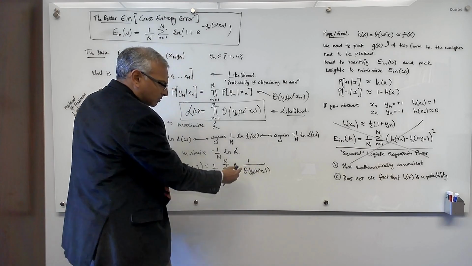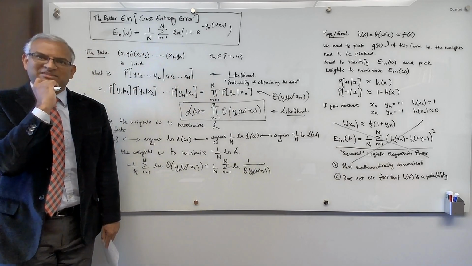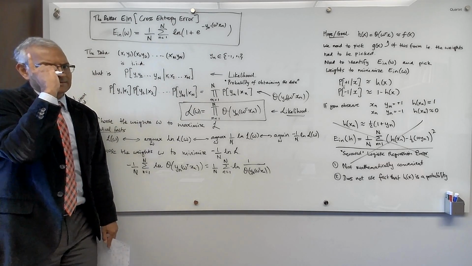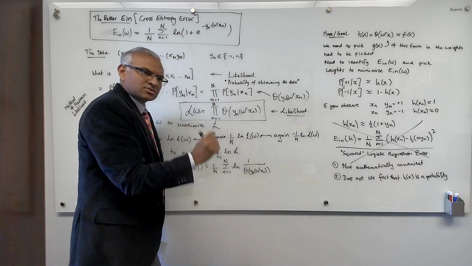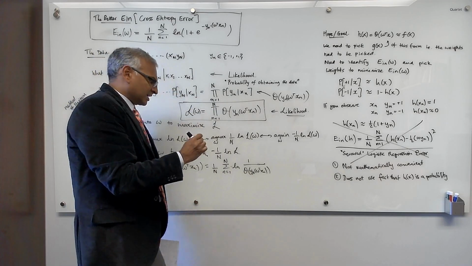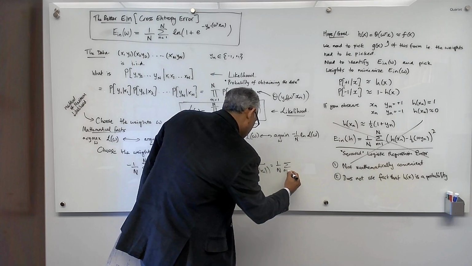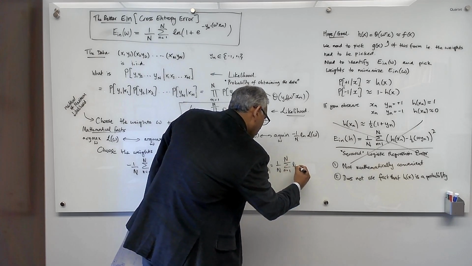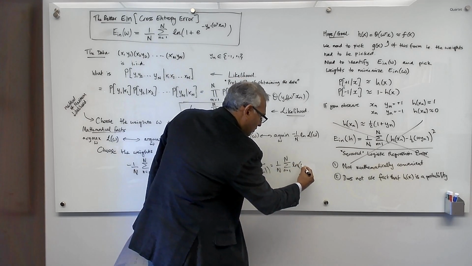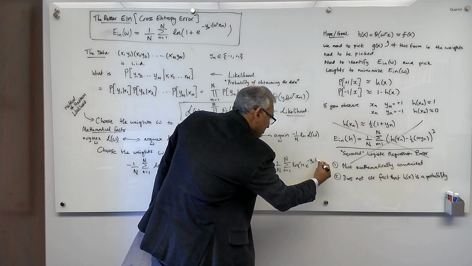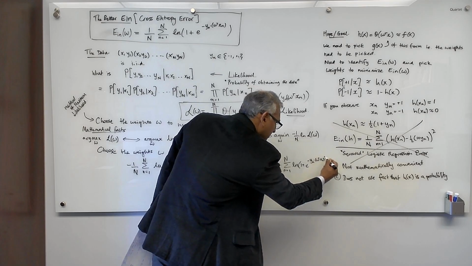But 1 over theta, the other nice mathematical property of theta that I mentioned before, anyone remember what it was? 1 over theta is 1 plus e to the minus theta. So this is 1 over n, the sum from little n equals 1 to big N of the log of 1 plus e to the minus yn w transpose xn.